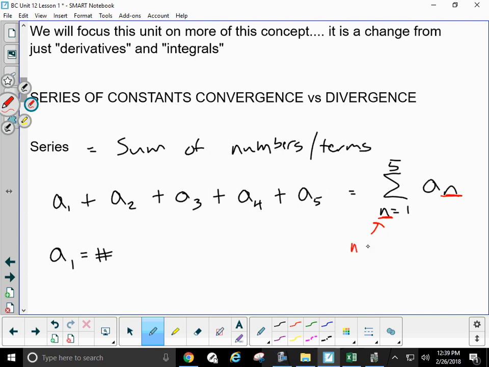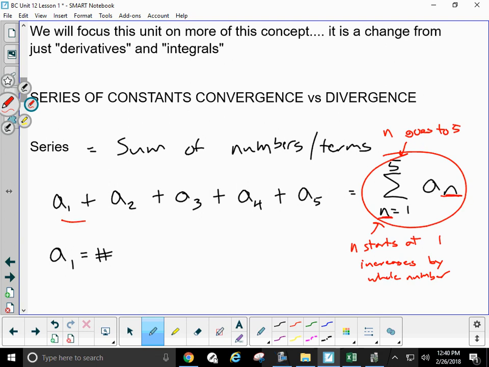This means n starts at 1, and this is where it ends, and goes to 5. And it's going up by an integer, by a whole number. So you go A1, A2, A3, A4, A5. This is how you would list this off.